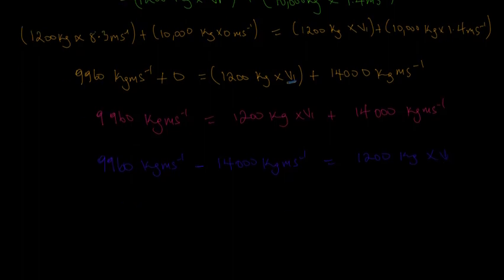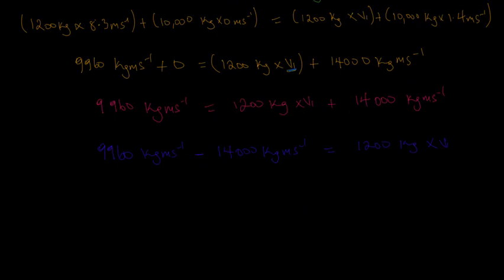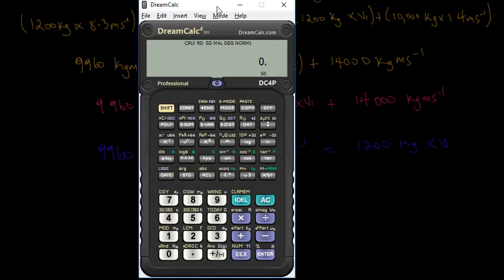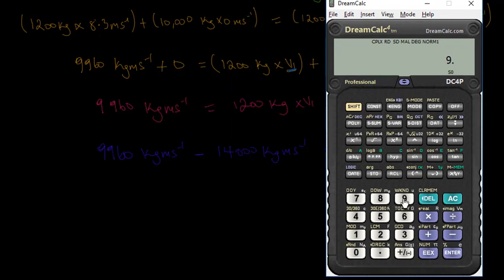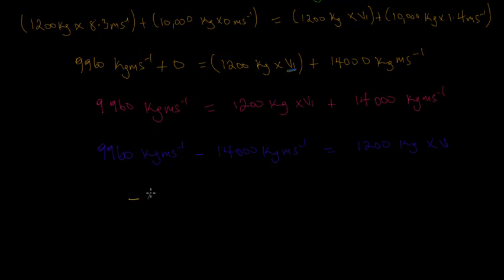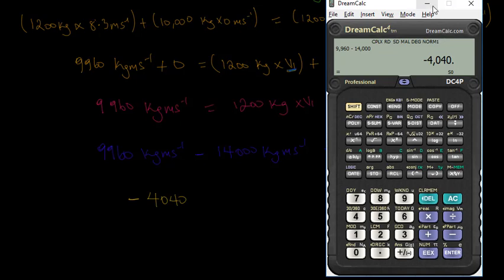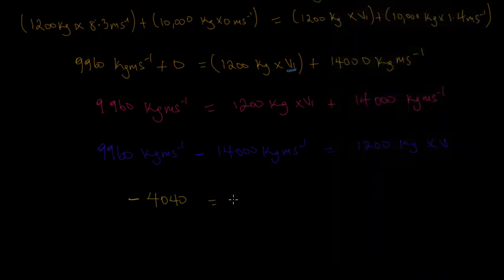Now, when I subtract these, let me get my calculator. We're subtracting 14,000 from 9,960, so we get minus 4,040, and that is equal to 1200 kilograms times V1. By the way, this is still kilogram meters per second. Now, our objective is to find V1.